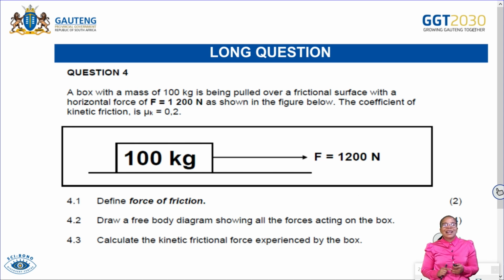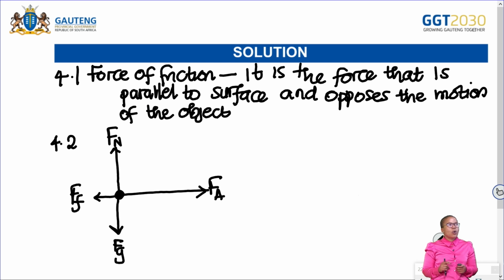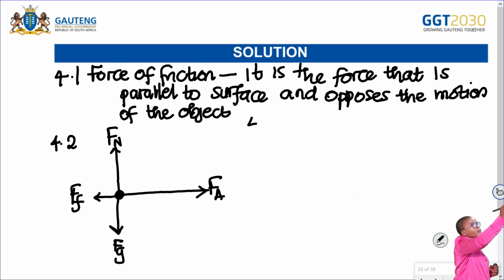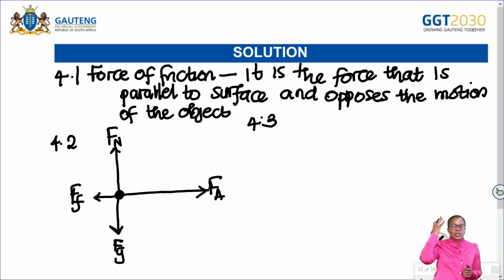4.3, calculate the kinetic frictional force experienced by the box. Remember, we've been given the coefficient of kinetic friction, not the kinetic frictional force. Okay, so in this case, on our 4.3 now, what should we do? Remind yourself, what is it that is needed?